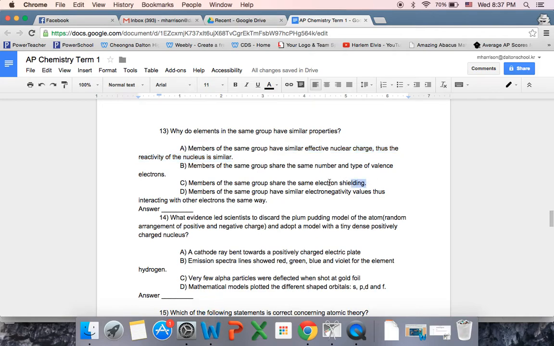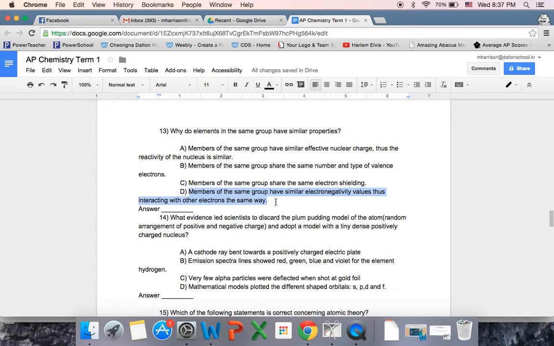Members of the same group share the same electron shielding. Again, this isn't true because as we move down the groups, we're increasing the numbers of orbitals that are having an effect. Members of the same group have similar electronegativity values, thus interacting with other electrons in the same way.